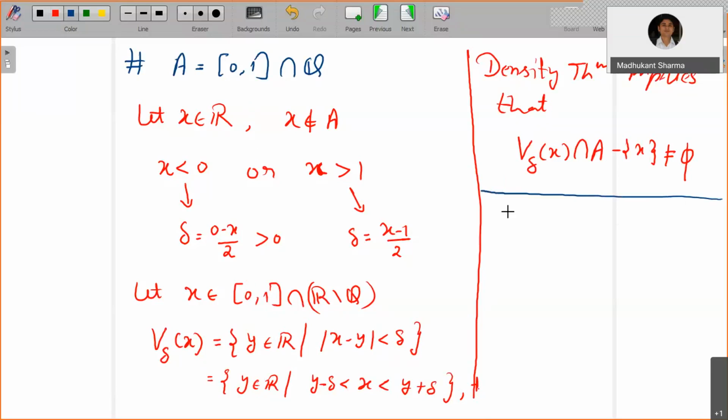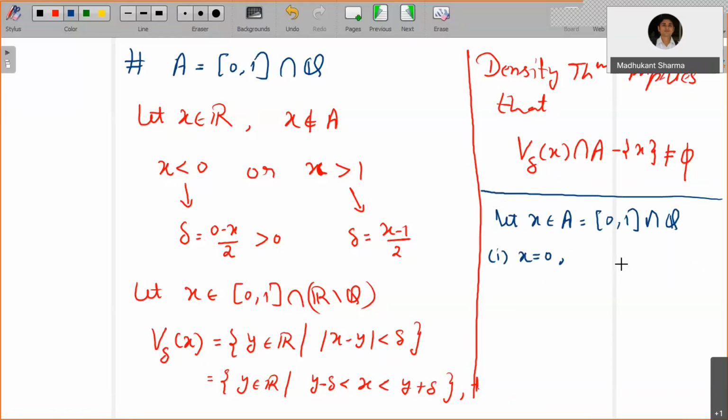Now similarly you can talk about the points x in A. Let x belong to A, the closed interval 0, 1 intersected with the rationals. There are various cases. First, x equals 0.